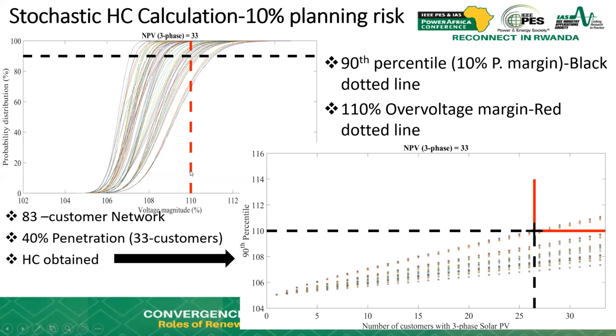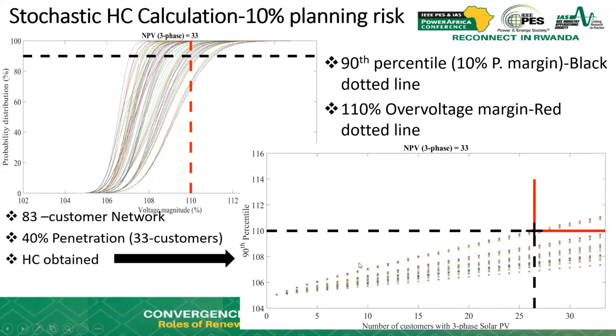Then in this case, I will consider 33 customers or 40% penetration for this network. If we get the voltages considering the 90th percentile and the 110% overvoltage margin, then we come up with this figure. This figure gives us the number of customers with three-phase solar PV, increasing from 1 to 33.